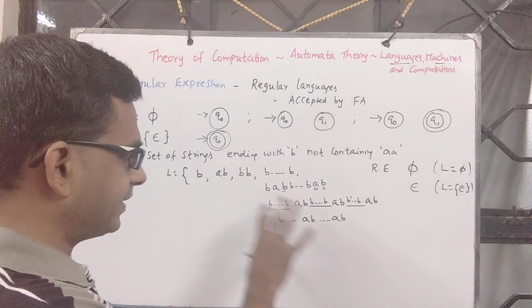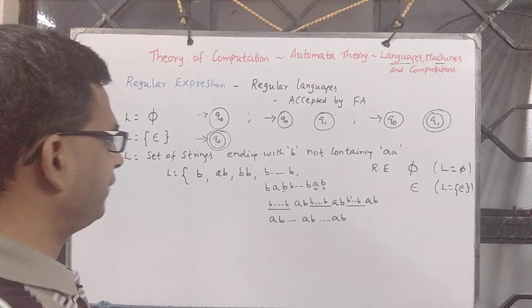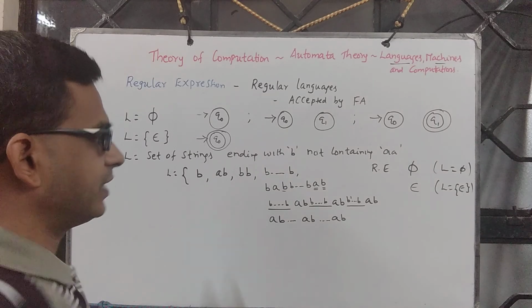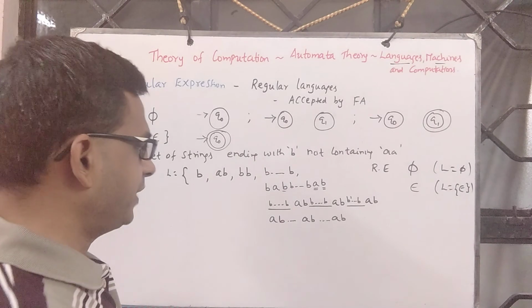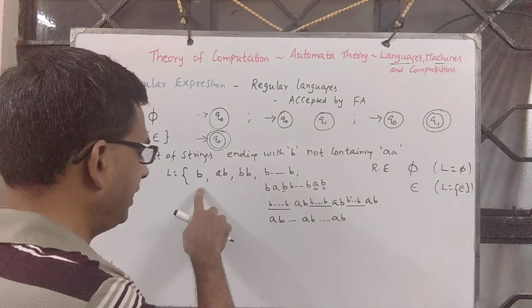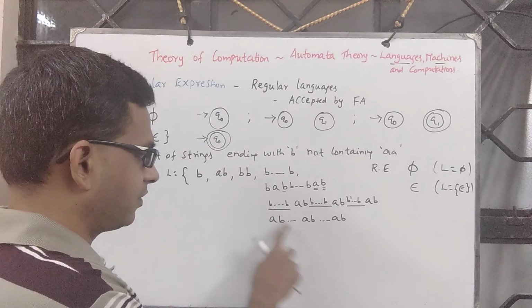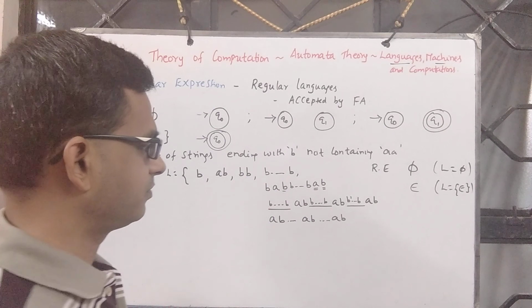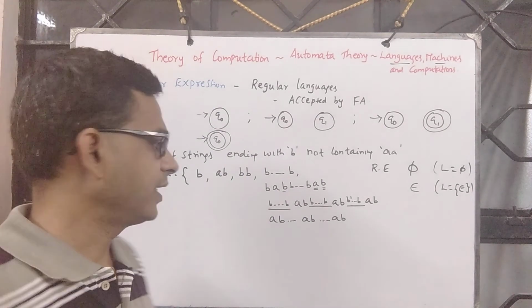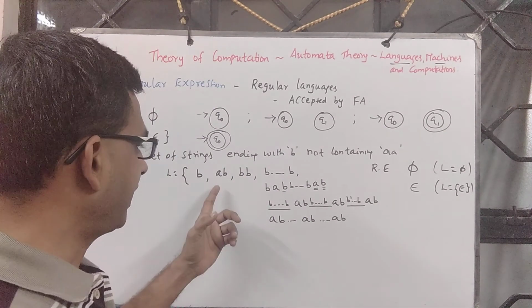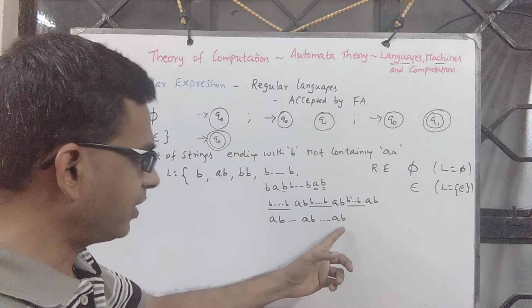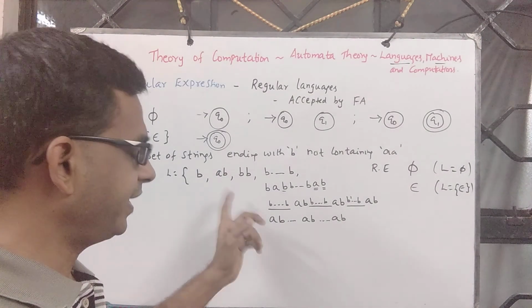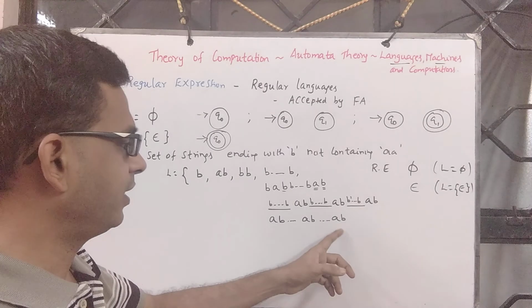So this is precisely the pattern we get to see as far as this set is concerned. Correct? Now which means it is B or AB. It is that which is playing the role, nothing more. Correct? And AA is not possible, and it cannot end with BA, so it can only end with AB.